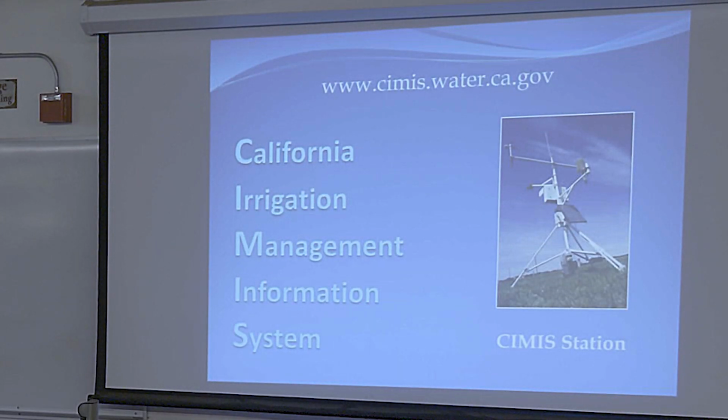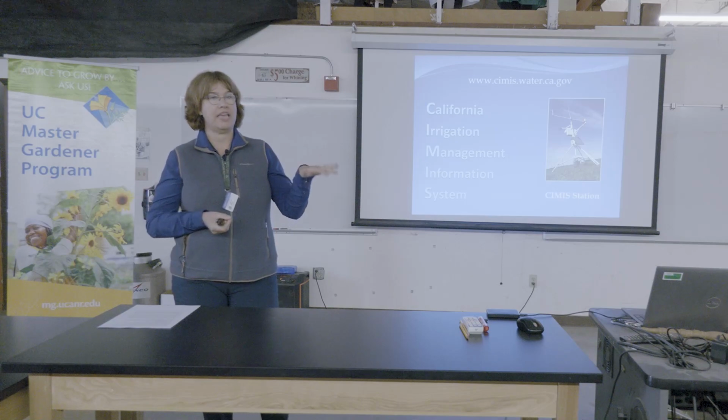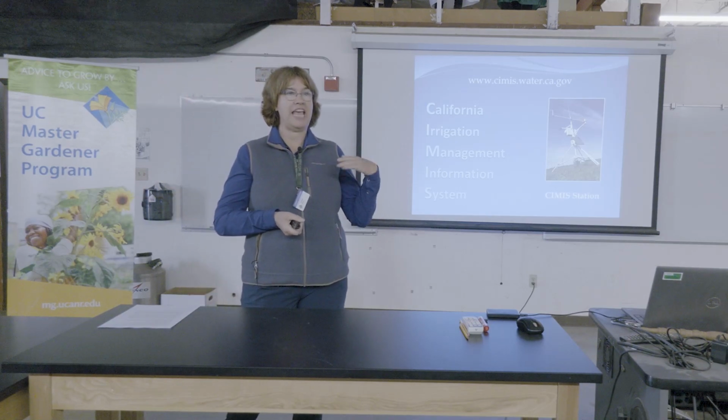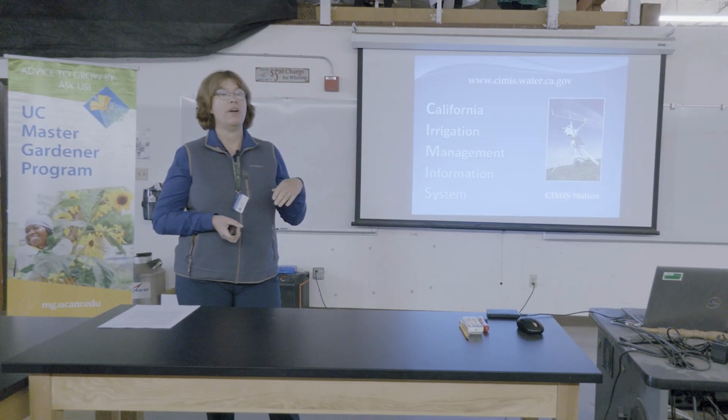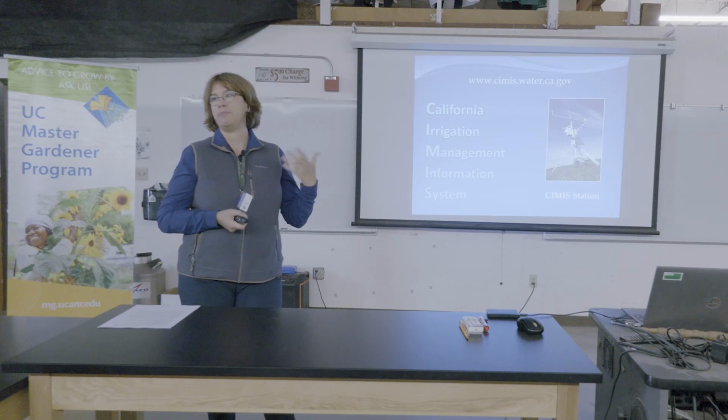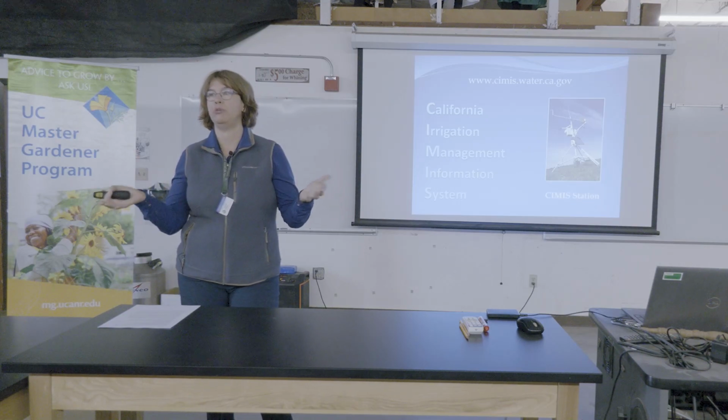So to measure this, California uses the California Irrigation Management Information System, and they have weather stations all over the state measuring evapotranspiration rates in different areas. You can log in and get real-time data, that day's data, or you can get historical data of what it typically is like in the month of June in Redding, right?